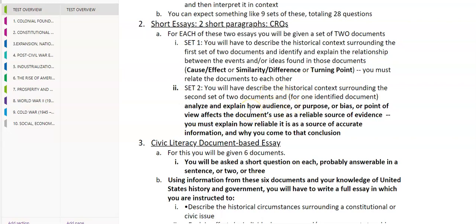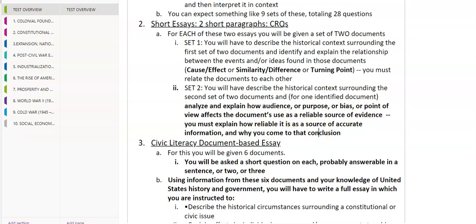You must talk about that document specifically and discuss its reliability based upon the factor of who it's being written for, why it's being written, what the bias is of the people involved, and what the point of view is that may affect the accuracy of it.